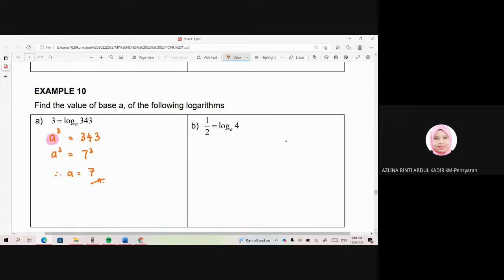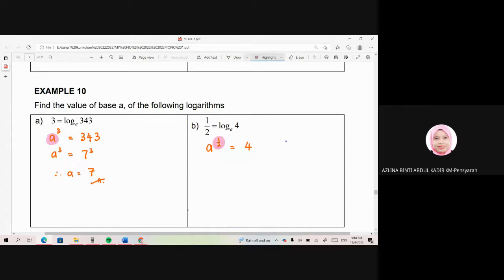Okay, next B. Half is equals to log 4 base A. So you change to index form, that is A to the power of half is equals to 4. Alright. Okay, we use a different method from A. That means we want to eliminate the power half. So how?